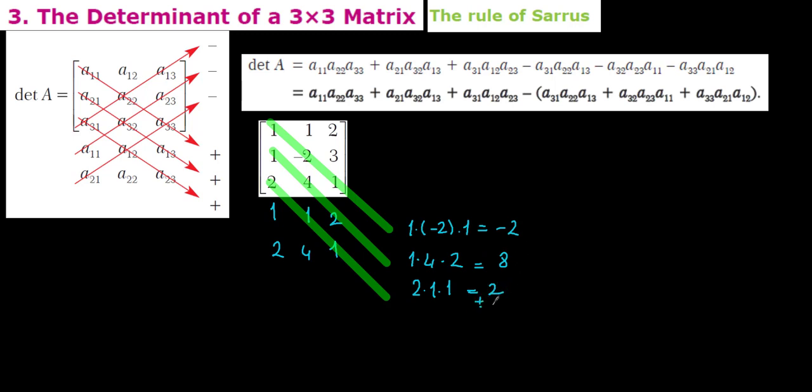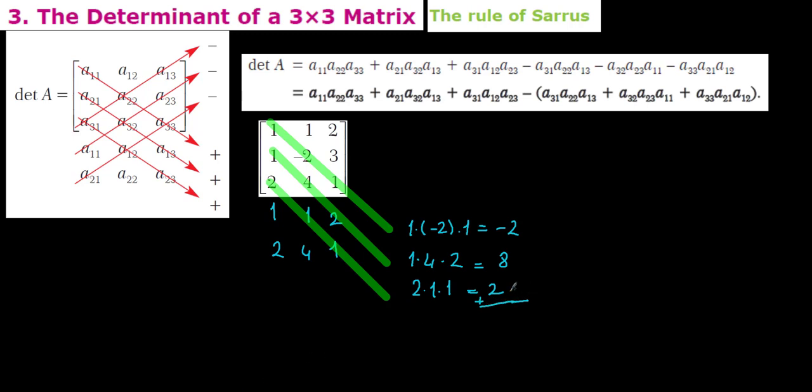Then we add these: -2 plus 8 plus 2, which is 10 plus -2, equal to 8. This is the added part, the positive part.